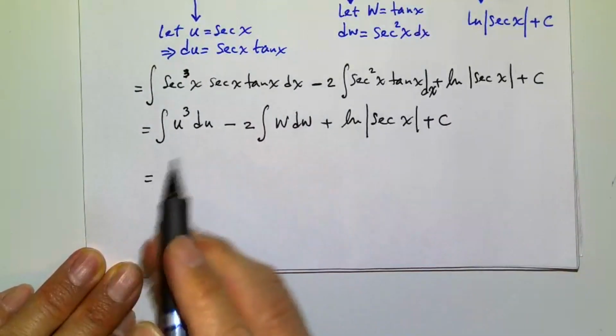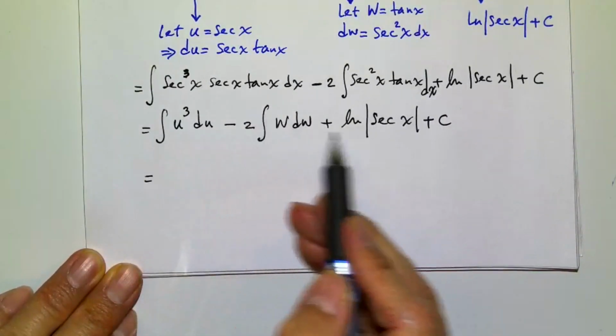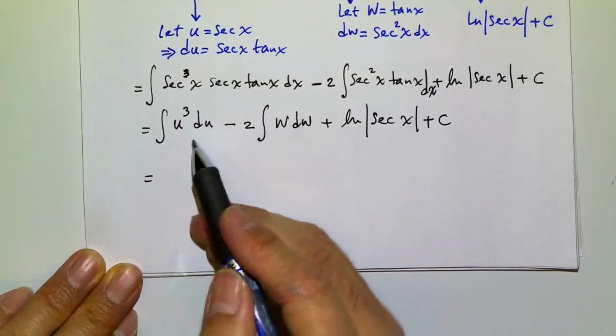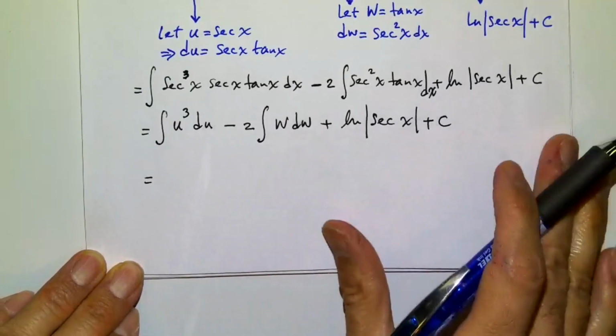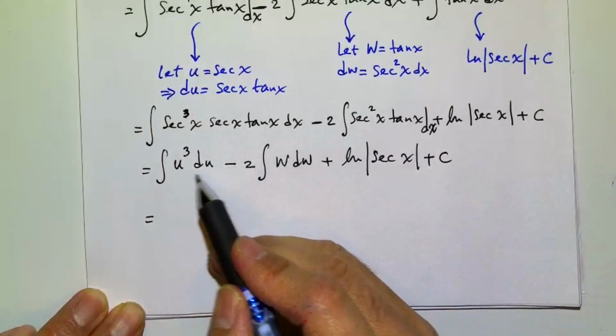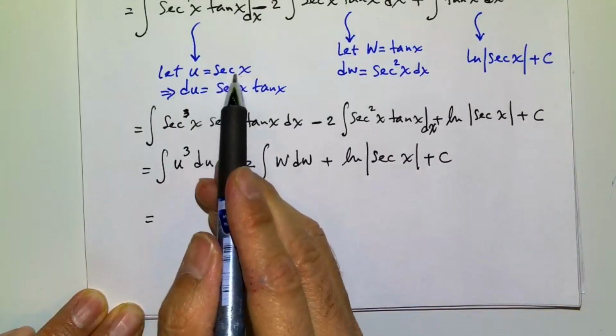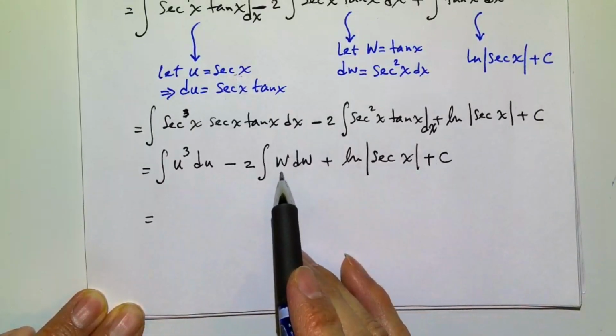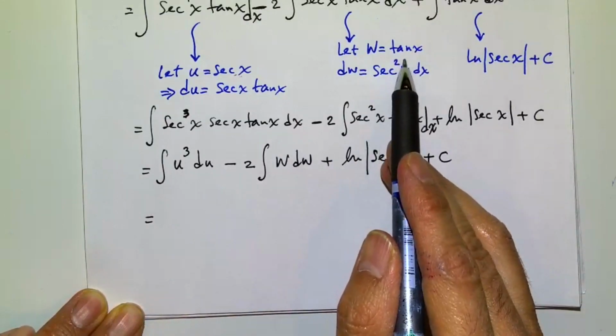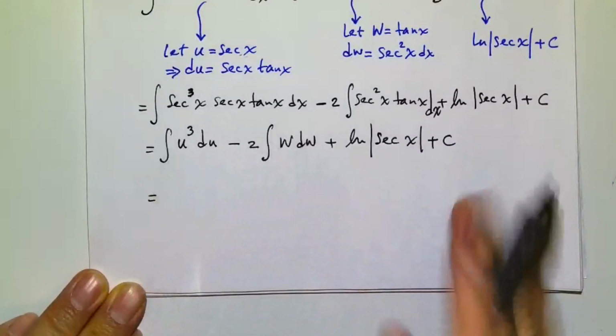Remember, these are indefinite integrals, so after we're done with integration, we need to replace u with secant x, and we need to replace w with tangent x, okay? Just remember that, because these are indefinite integrals.